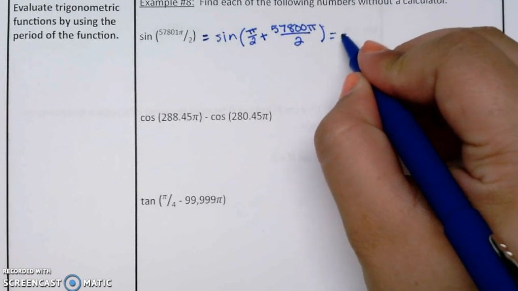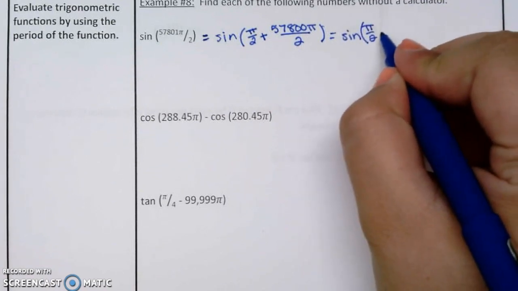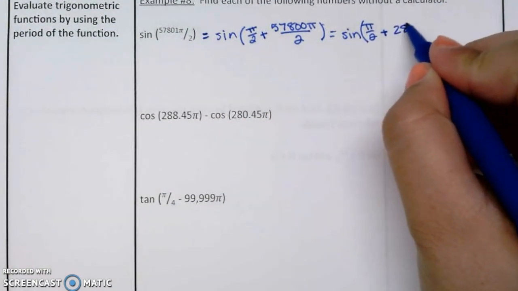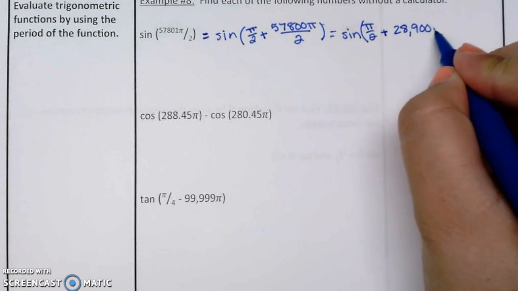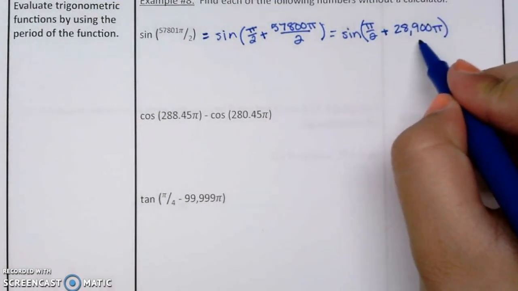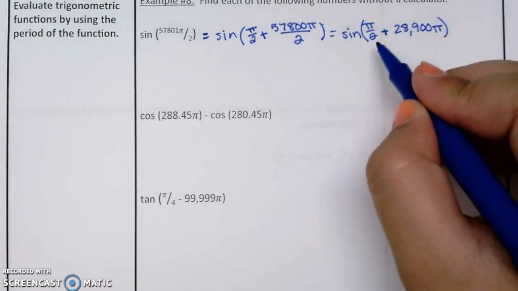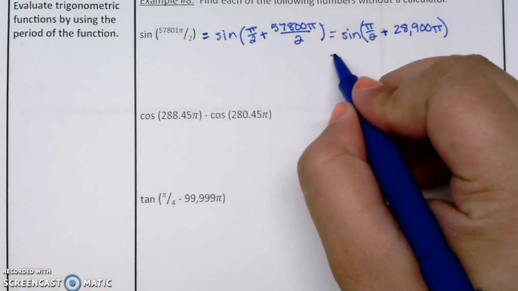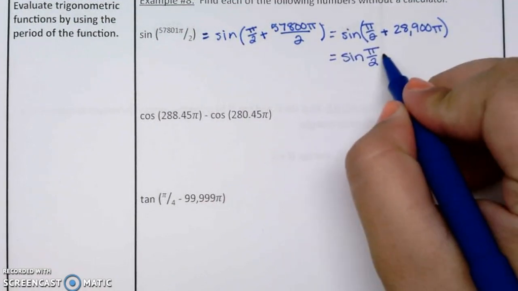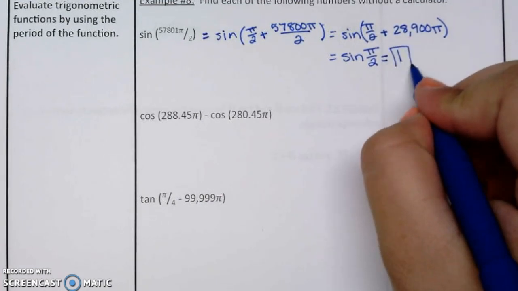So this will become sine of pi over 2 plus 28,900 pi. Because this is a multiple of 2 pi, it is cyclical, it is a period, and then we can just simplify this to sine of pi over 2, and we know that sine of pi over 2 is 1.